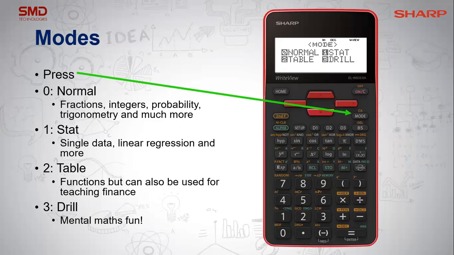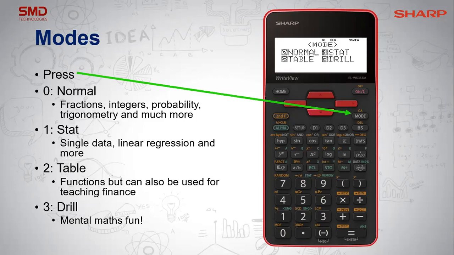I'll show you a very nice shortcut for finding the specific solution of a trigonometry equation. Now, I don't normally explain the drill function for grade 10, 11, and 12 FET, because I assume at this stage most students have some form of mental maths capabilities. However, do take a look at it on your calculator, because mental maths is actually a critical skill.